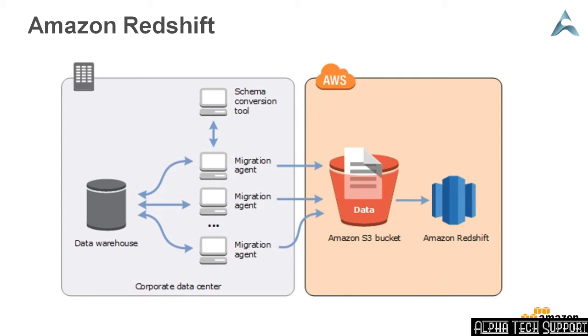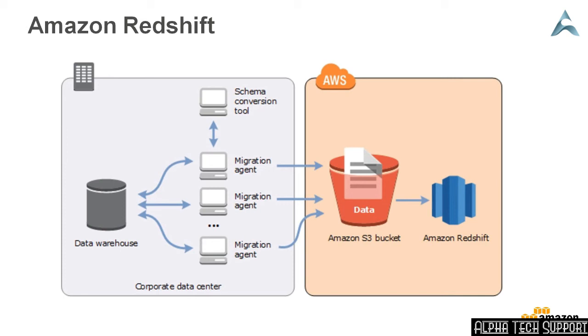This is a typical scenario where we can integrate a solution with Redshift and S3. For example, we currently have a corporate data center where a huge chunk of corporate data is stored in data warehouse, and suddenly our company starts feeling that we should migrate our data on the cloud. So how can we do so?